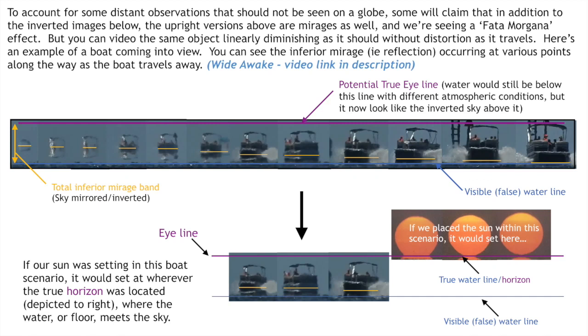So if our sun was setting in this boat scenario, it would set at wherever the true horizon was located, which is depicted to the right a little bit. I just placed that other picture as an illustration of where an object would possibly set if it were within this boat example.